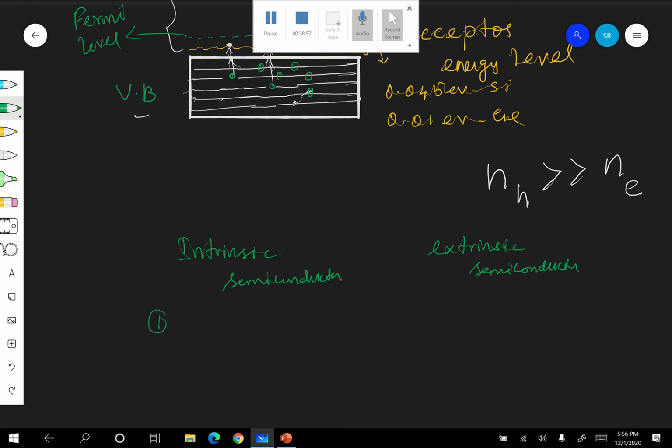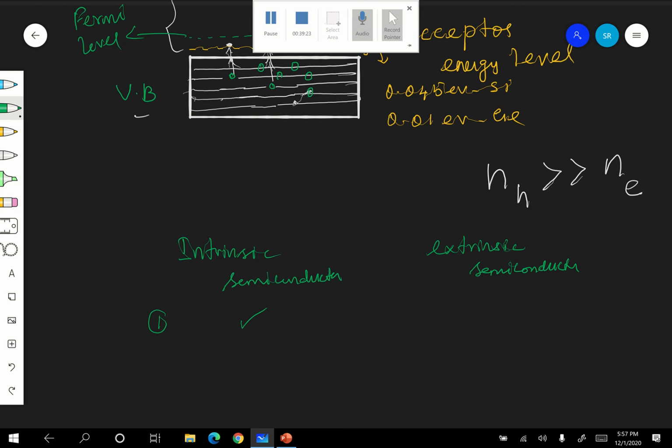Now number two, example: here it is pure silicon or germanium. But in extrinsic, silicon and germanium are added with pentavalent arsenic, antimony, which means n-type, and indium, boron, aluminum, which means p-type. That is extrinsic semiconductor.